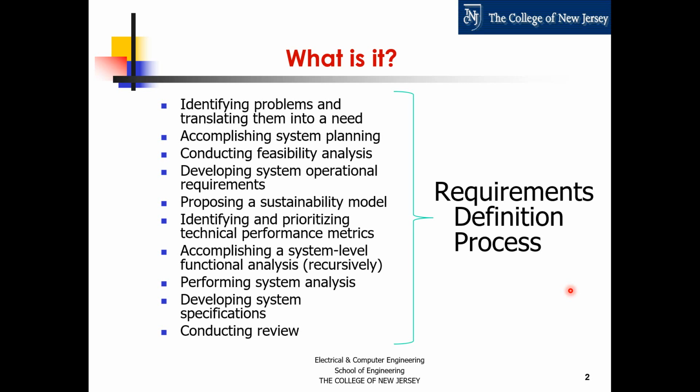So we're going to show you a tool to do that, and when you use it in your next project, you're going to have this tool made available to you via Canvas. The tool is an Excel spreadsheet that helps you prioritize technical performance metrics according to how you are using them to respond to the different needs.